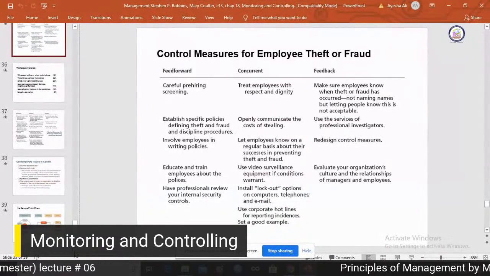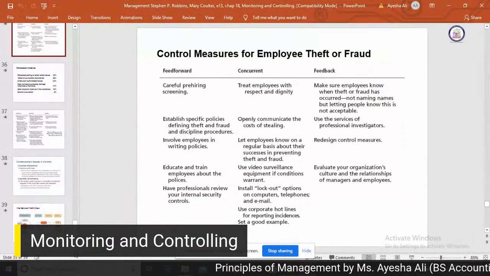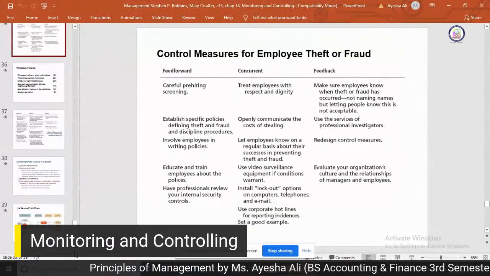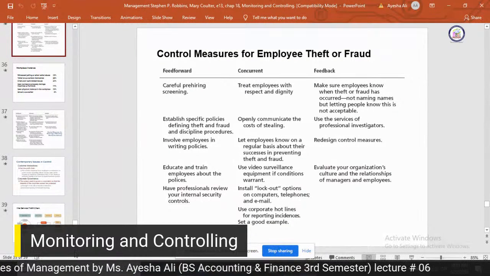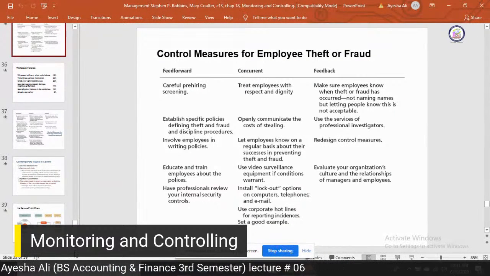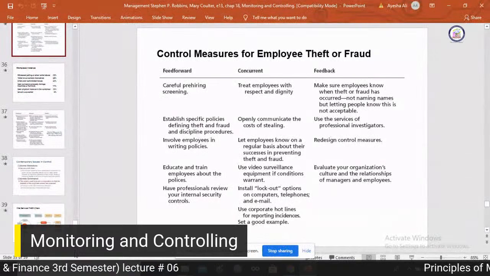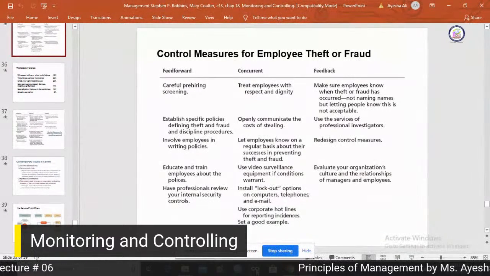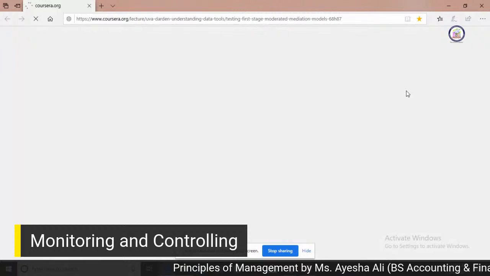We inform the employee on a regular basis about their success in implementing the theft and fraud controls, and then we design the controlling measures.